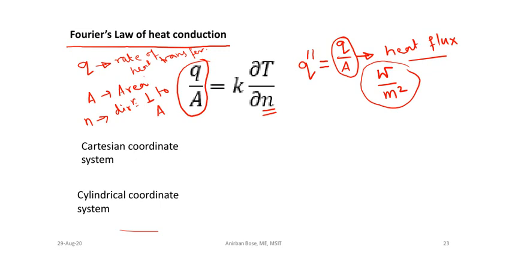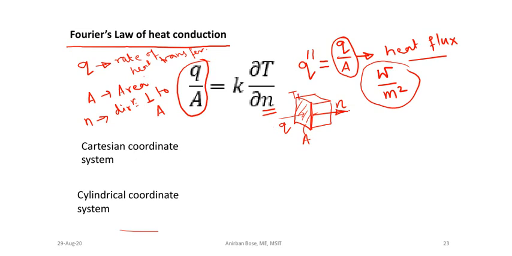If you consider this is the area, and this direction is the n direction, then heat is transferring in the direction n, perpendicular to the area. Q is the heat which is transferring, because of some temperature gradient in the n direction.